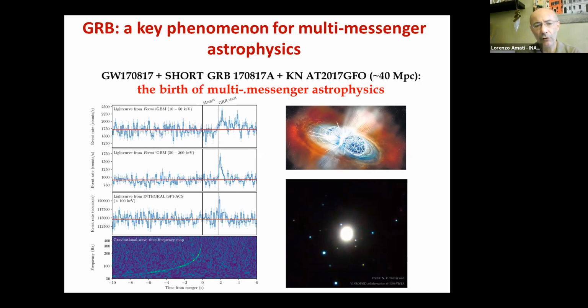This event was at 40 megaparsec distance, and this is already the first direct demonstration, if you wish, that gravitational waves travel at the speed of light, or at least it puts a strong upper limit on the difference between the two velocities.